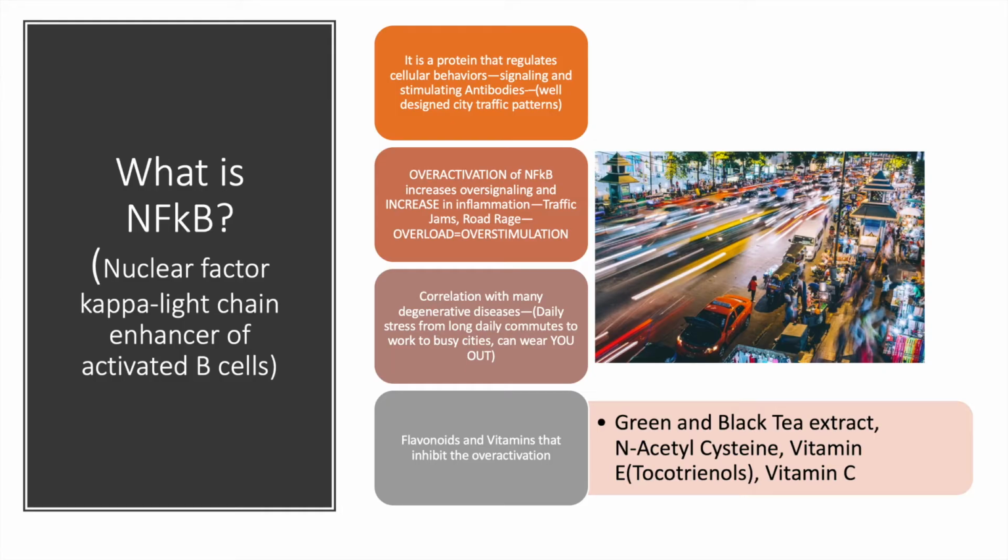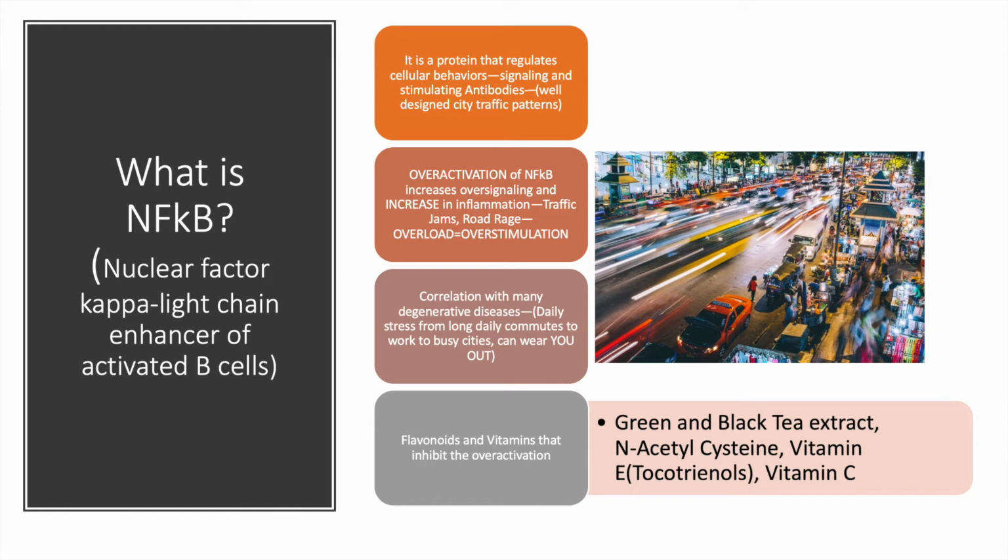So next, what is NF-kB? It is a protein that regulates cellular behaviors, signaling and stimulating antibodies, like a well-designed city traffic pattern. Overactivation of NF-kB increases oversignaling and increased inflammation. So think of it as traffic jams, road rages, none of the lights are working, and this overload equates to an overstimulated response.